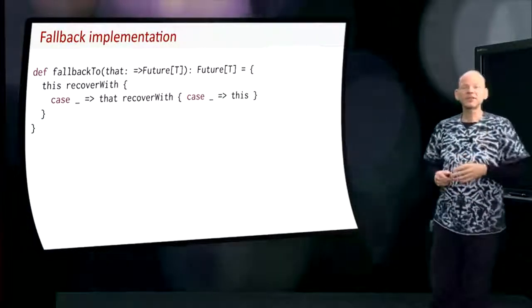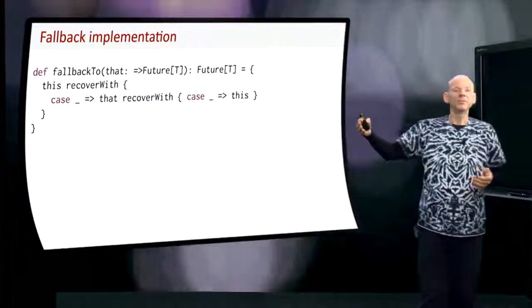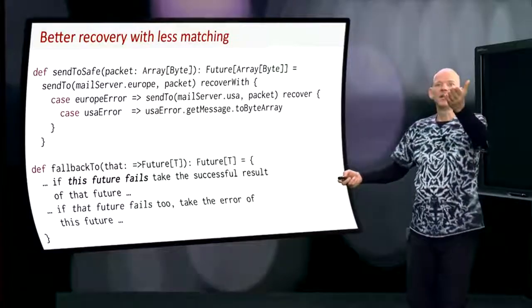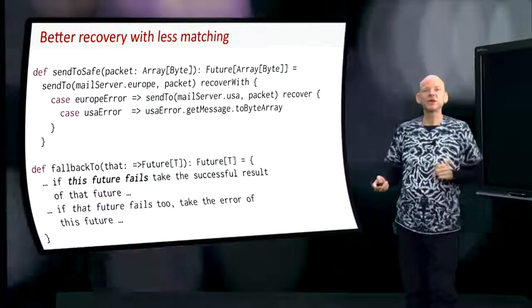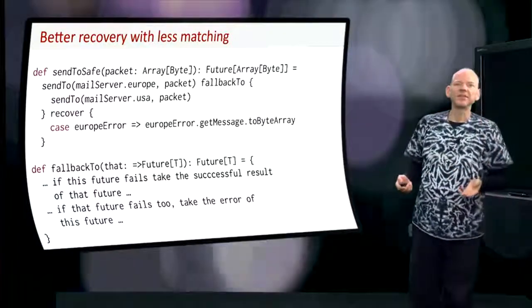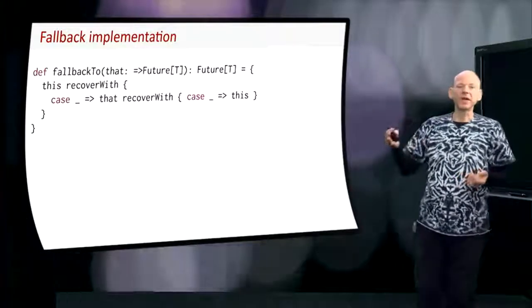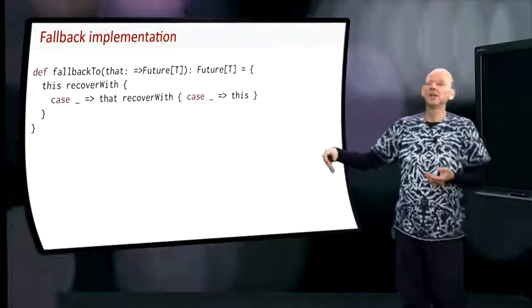Well, it's surprisingly simple. You could have noticed it yourself when we looked at this code here, because instead of getting the US error, we would just return the Europe error, and in this case, that is represented by this. So fallbackTo is simply defined as this recoverWith.